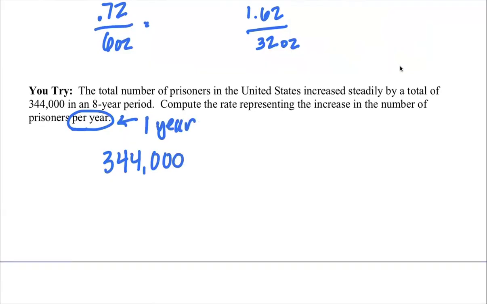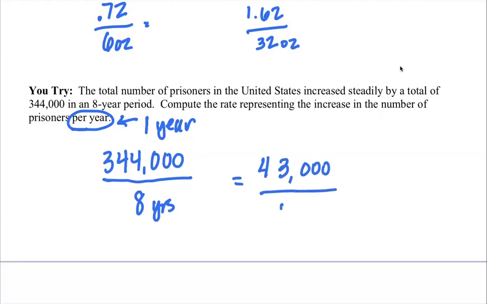So remember, unit rate or unit cost is per 1 unit. So 344,000 in 8 years. How many would that be in 1 year? So we would just divide 344,000 divided by 8, which is 43,000 per 1 year.